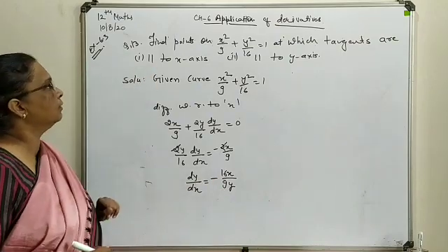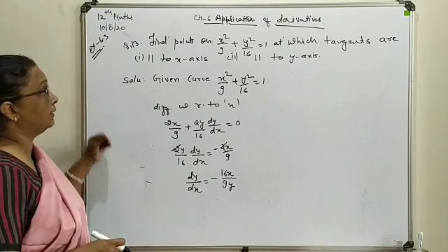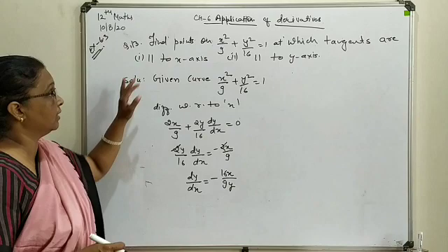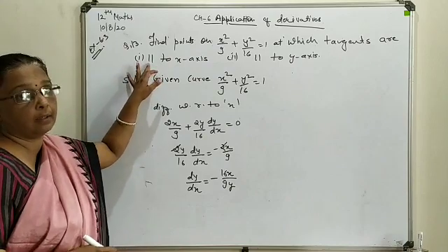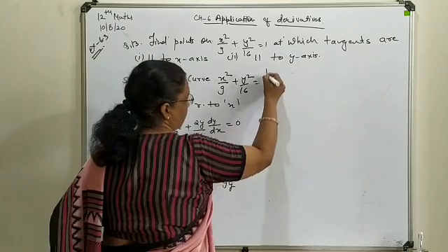Now the first point we are going to discuss: we have to find points on the curve in such a way that the tangent at that point is parallel to the x-axis. So first case we will discuss here.